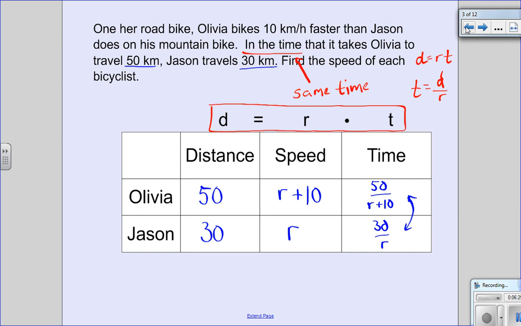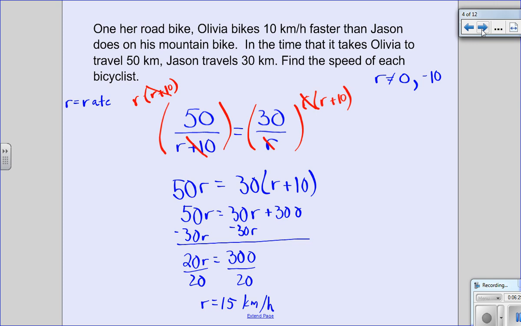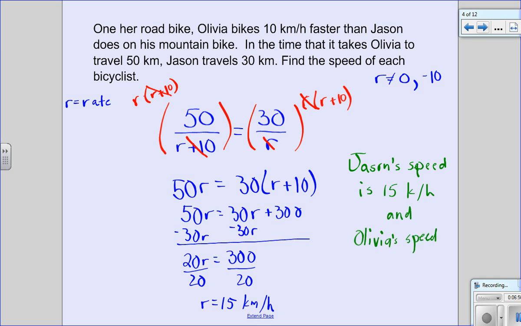So I would say Jason's speed is 15 kilometers per hour, and Olivia's speed is 25 kilometers per hour.